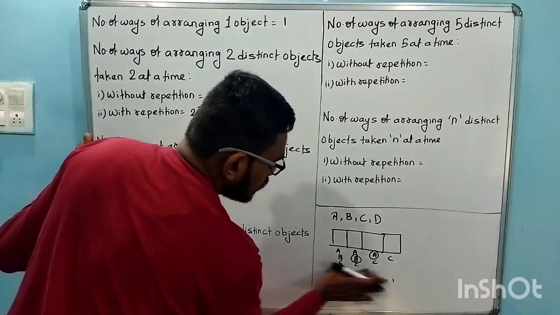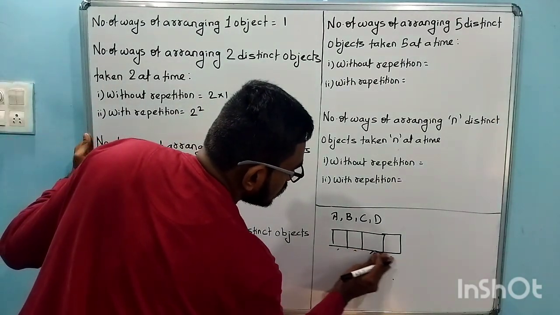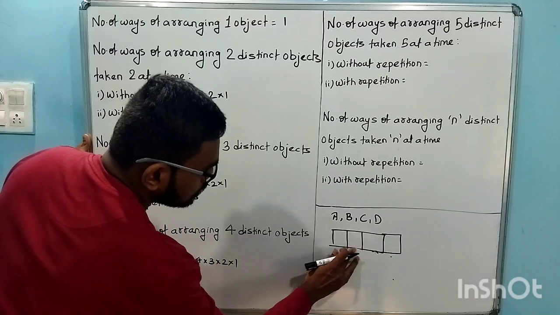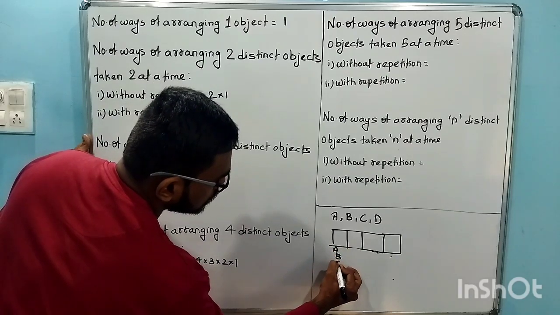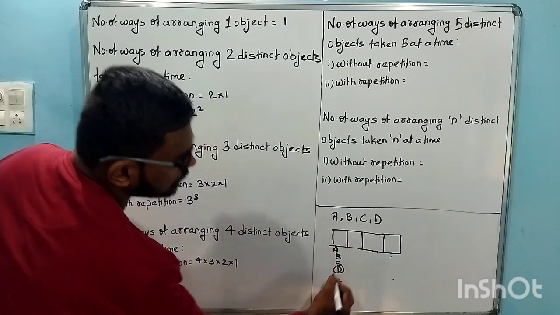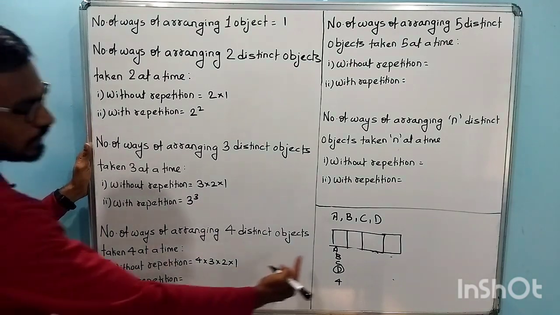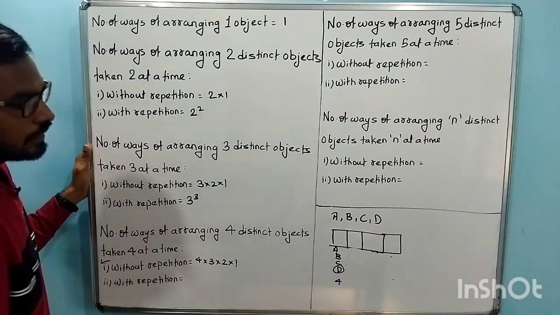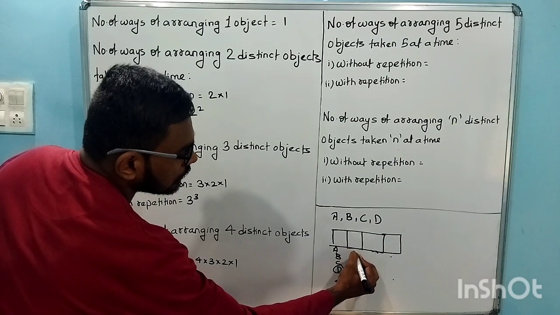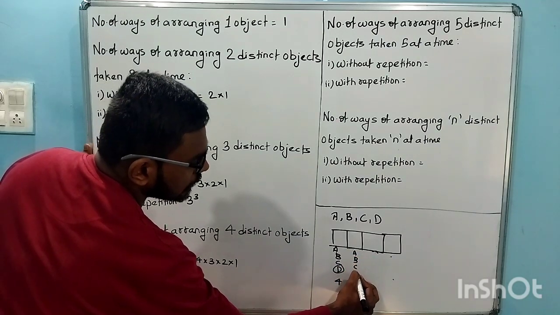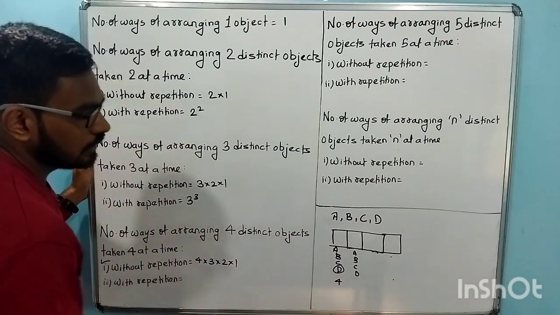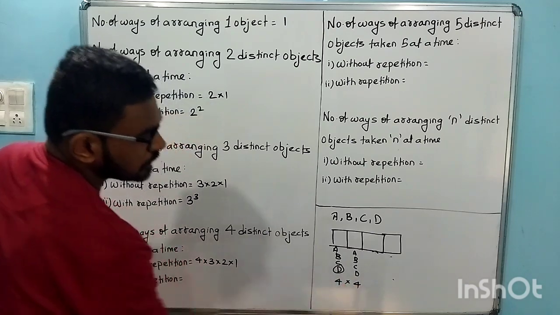And with repetition, if I select any one of A, B, C, D for the first place, in the first place we have 4 choices. If I select any one, then since repetition is allowed, we can select that for the second place as well, or the remaining 3. So total 4, again 4 choices for the second place.